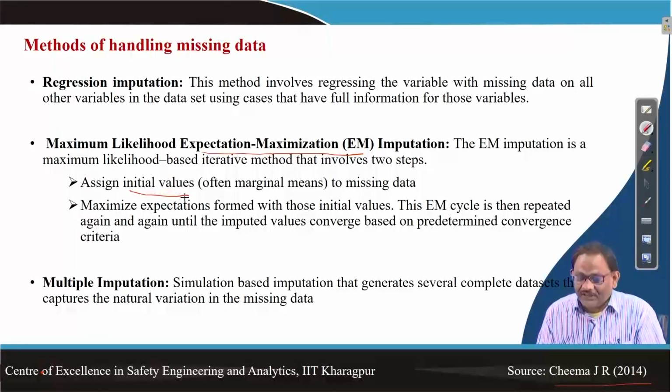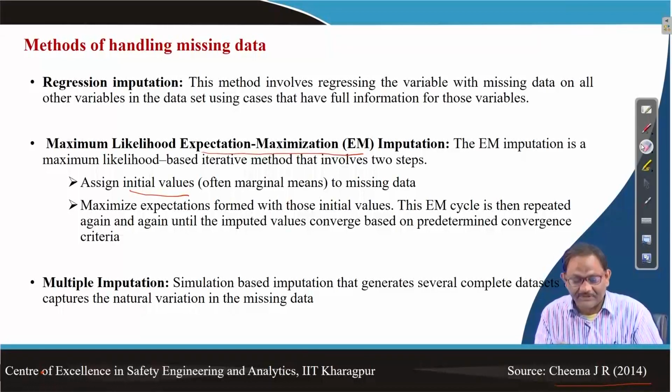And when you find that no further improvement is possible from the expectation maximization point of view, you stop there. That is the convergence point.